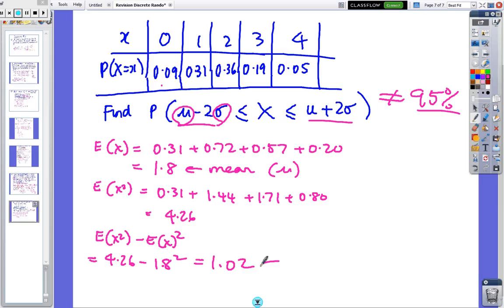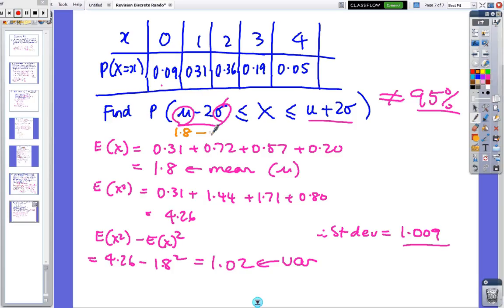That gives 1.02, so that's the variance, and then the standard deviation equals the square root of 1.02, which equals 1.009.